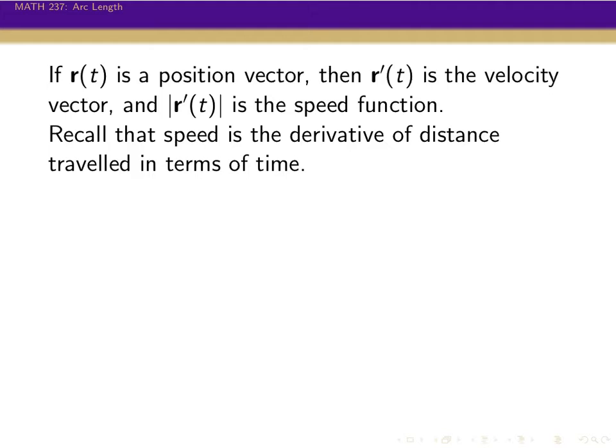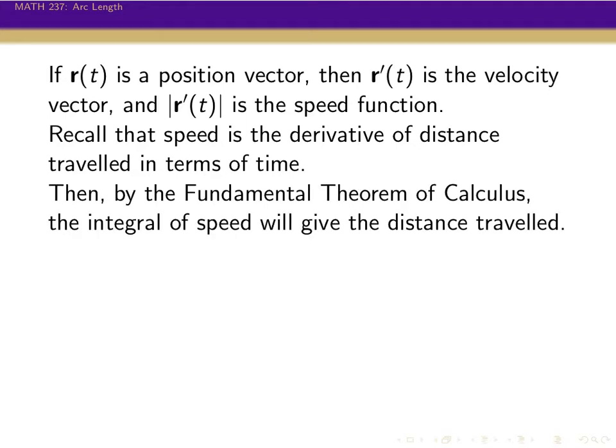So if speed is the derivative of distance, what do you get when you integrate speed? That gives you the total distance traveled. This is a very hand-wavy way of explaining the formula you're going to see for arc length.